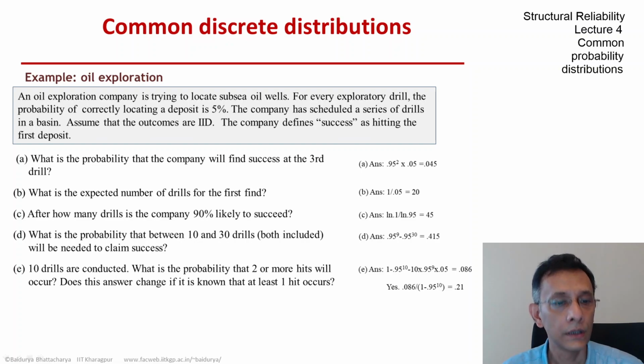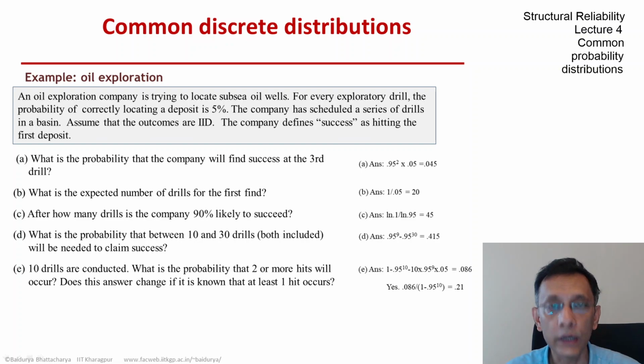It's better to look at the complementary event, that 2 or more. So we subtract the probability of 0 and the probability of 1 from 100%, and the answer is 0.086.